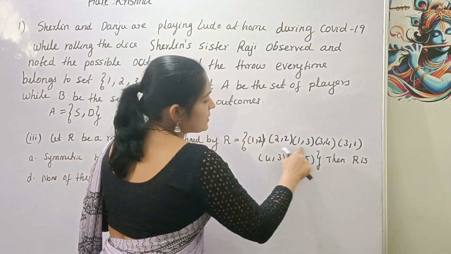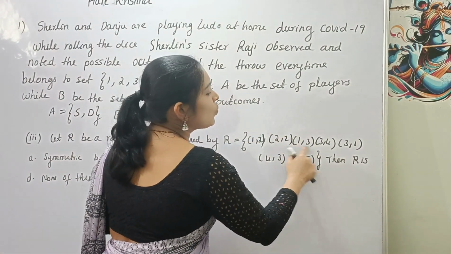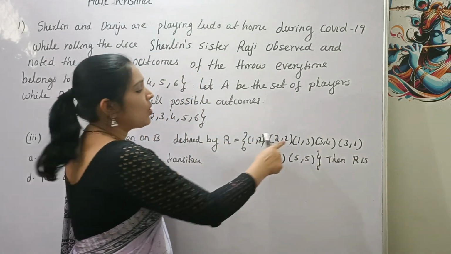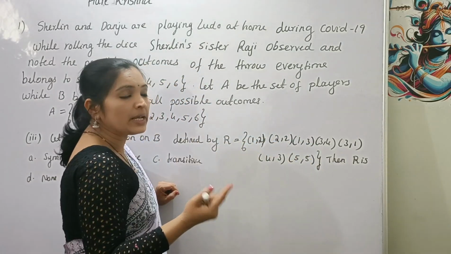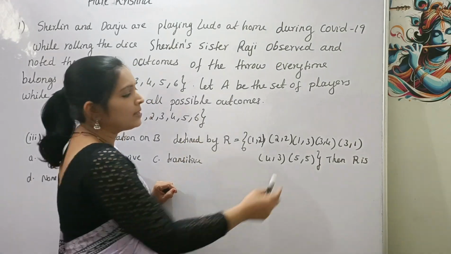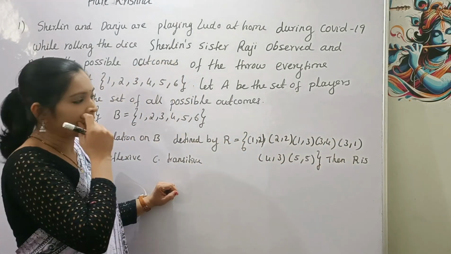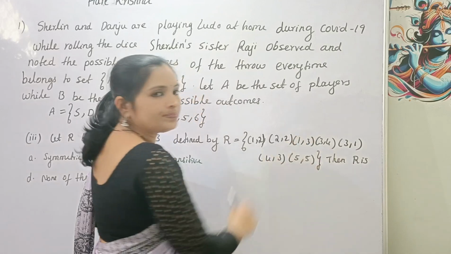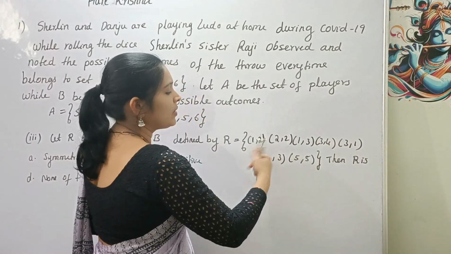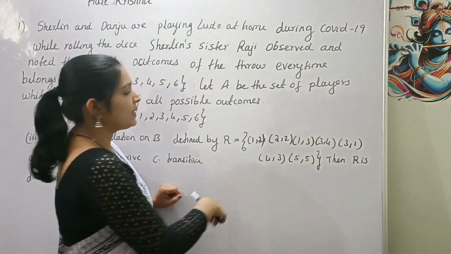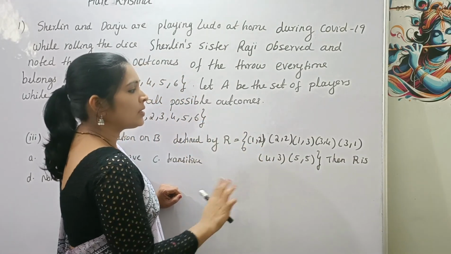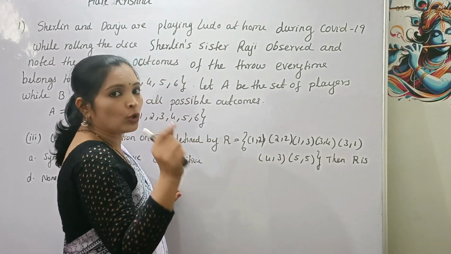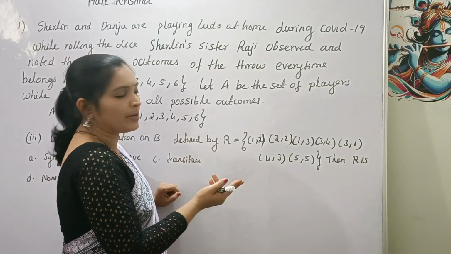Okay, let's take (1,3). Let's take any element. (1,3) belongs to R, right? Next, for symmetric, (3,1) should be in this set. Yes, (3,1) belongs to R. Next, let us take (3,4). (3,4) belongs to R. (4,3) belongs to R, right? Next, (1,2) belongs to R. (2,1) should be in this set for symmetry.